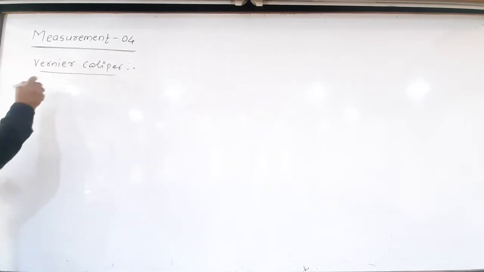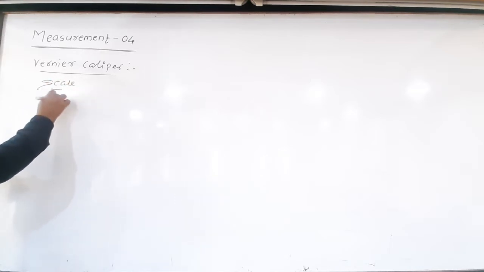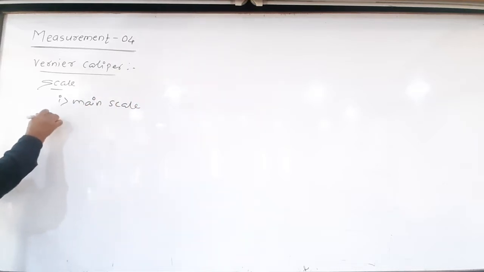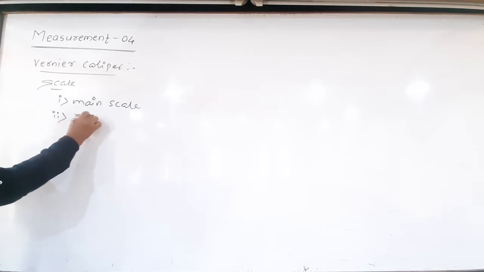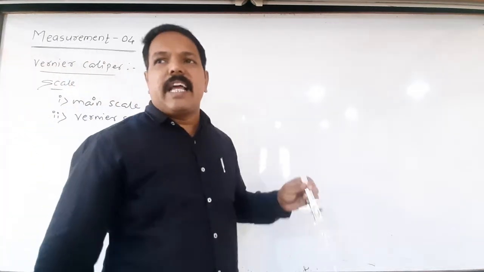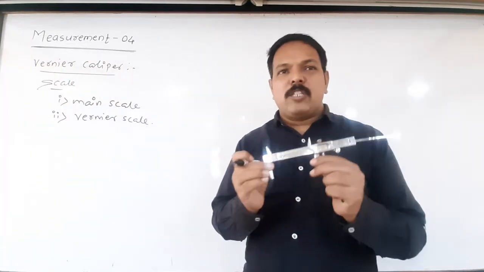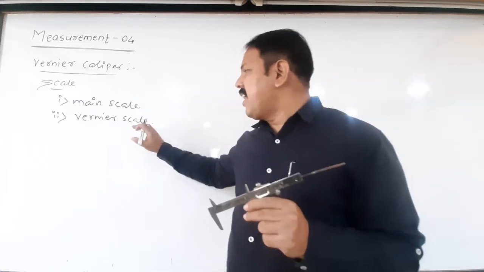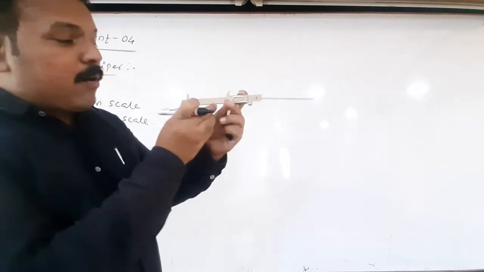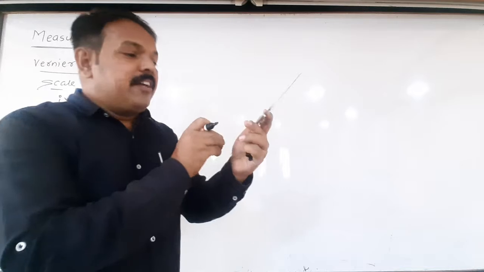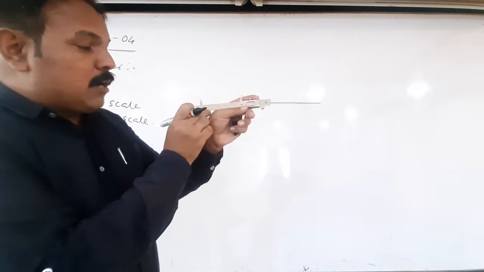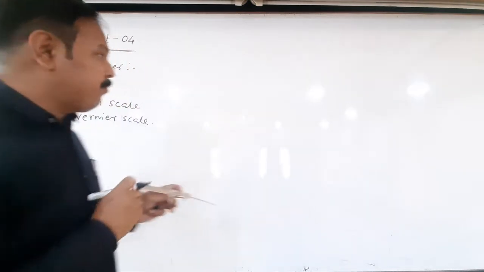See here. Number one is the main scale and number two is the vernier scale. So there are two different scales as far as the vernier caliper is concerned: one is the main scale and another is the vernier scale. The main scale is just like our meter scale, and on the main scale there are markings of centimeters and millimeters.